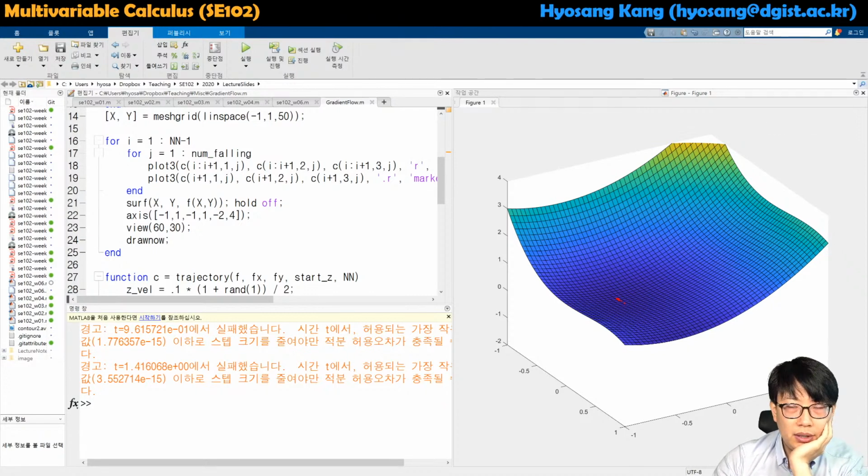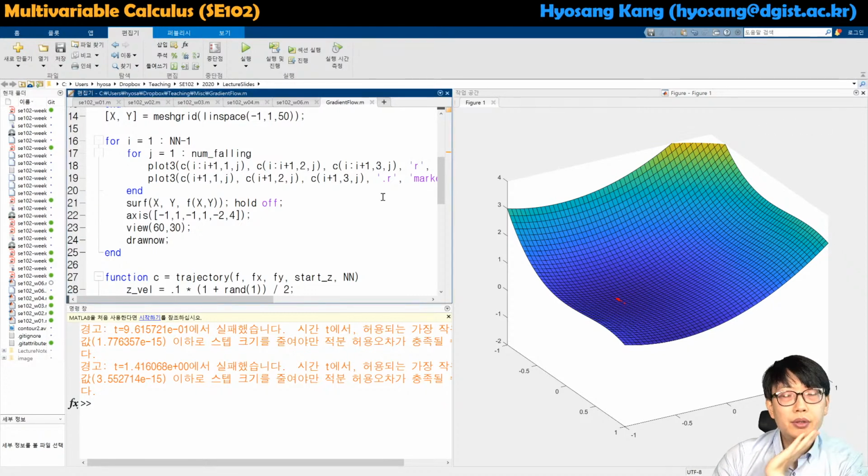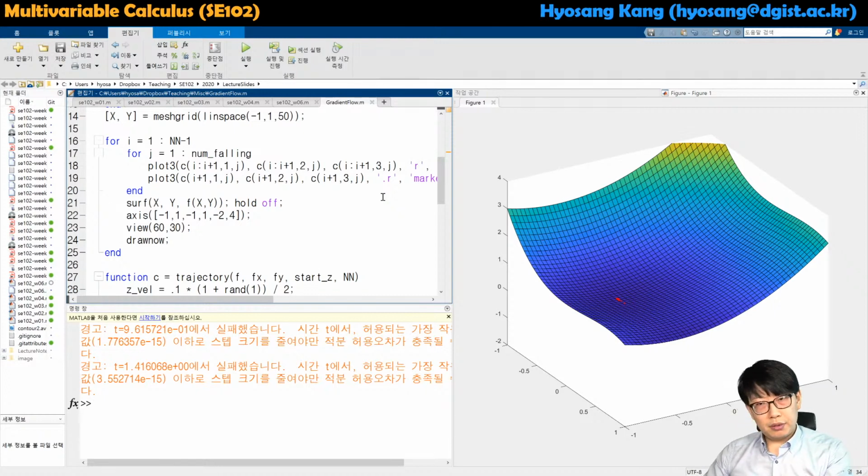So the basic idea is using gradient descent, in that the water drop is affected by gravity, and gravity works in the direction where it decreases the potential energy the fastest. I'm not sure whether that's true in general, but anyway.